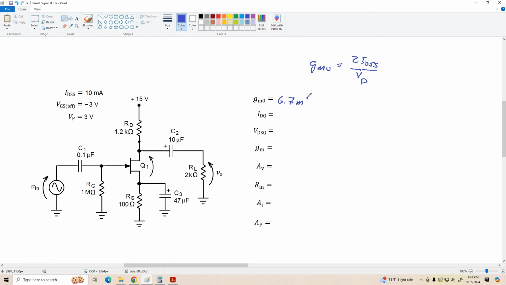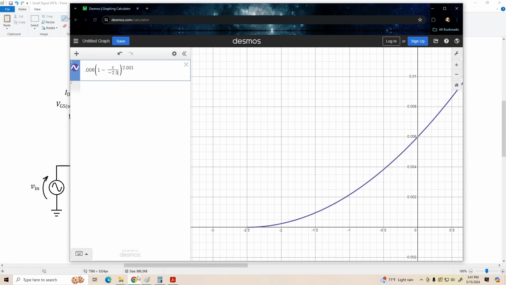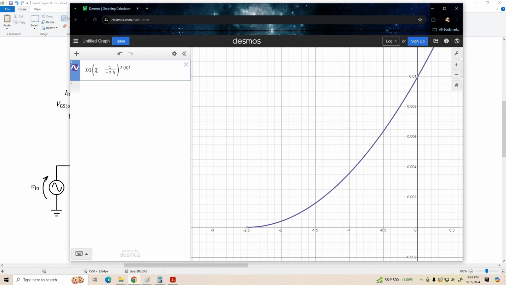6.7 millimhos. All right, we'll find IDQ using the online graphing calculator again. We're going to have to change our device parameters. Our IDSS is now 10 milliamps, and VP or VGS off is 3. And there's our new transconductance curve.